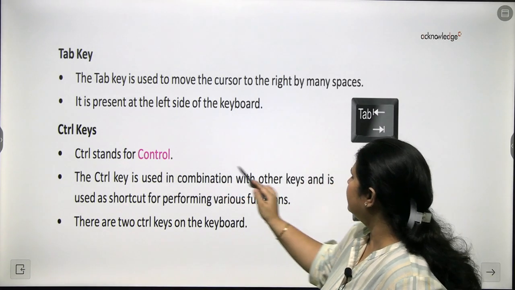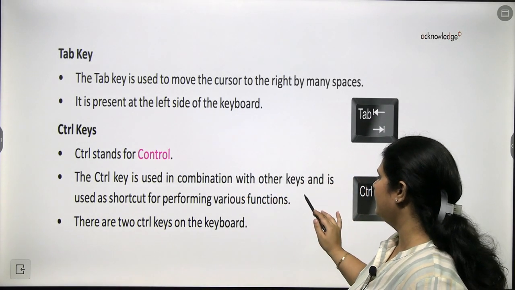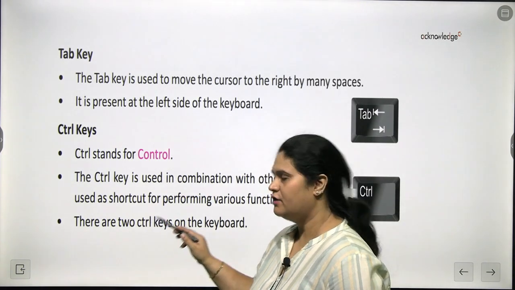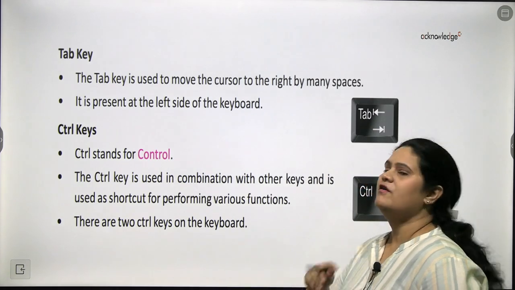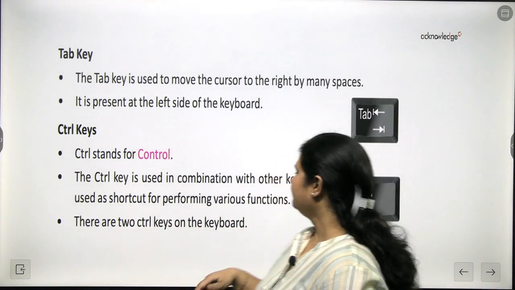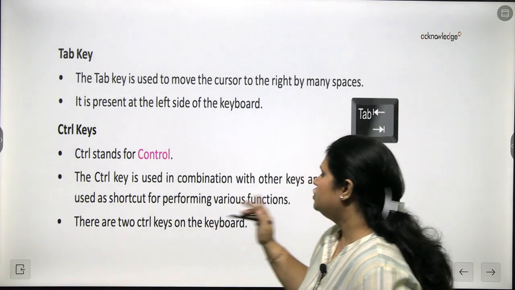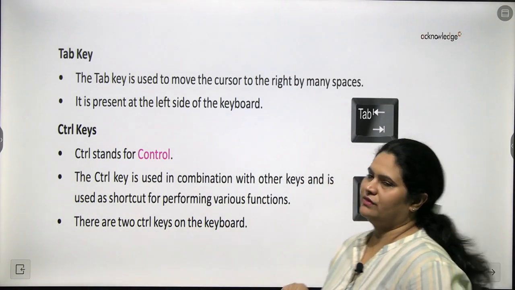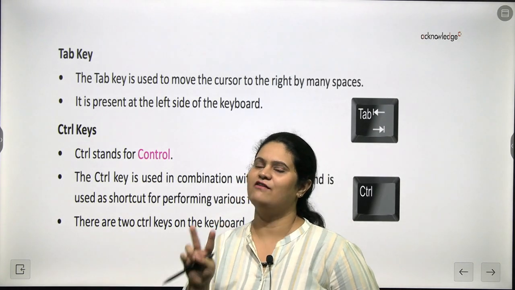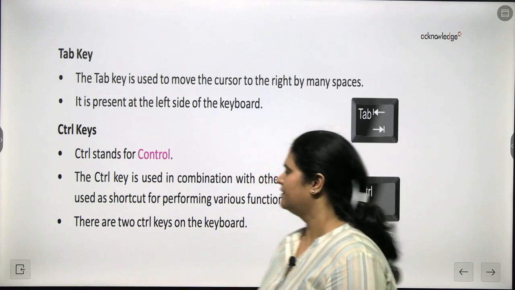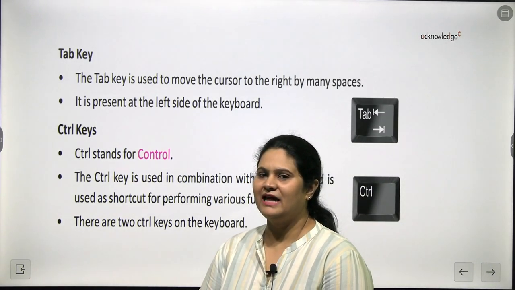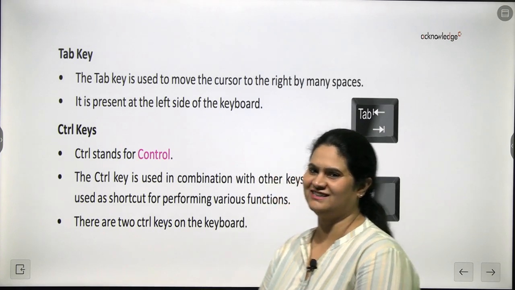Now, it is used in combination with other keys and is used as shortcut for performing various functions that we will study later on. There are two control keys on the keyboard. We have two shift keys and we also have two control keys, right? Is it all clear to you? Can we move on? Good.